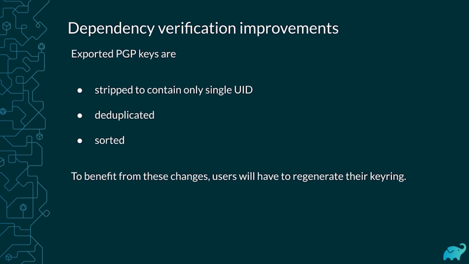So we leave in only the user ID and the key itself. And also we deduplicate them and store them in a predictable order, which should reduce the storage space and ease version control, updating the keys and stuff. And note that you might need to regenerate your keyring to benefit from this feature. That's it for me.